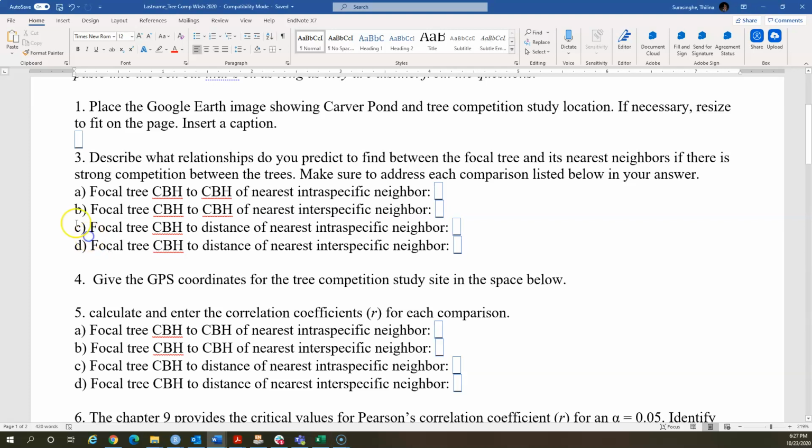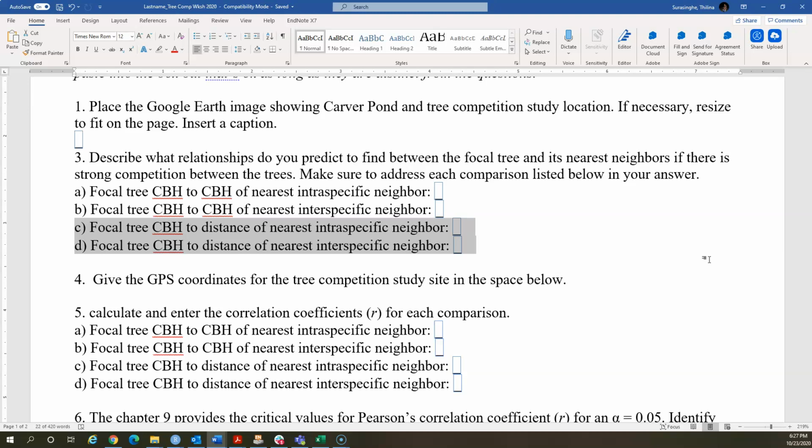For example, if there is competition between your focal pine tree and the intraspecific neighbor, that is another pine tree that you measured, there will be a greater distance between the two.